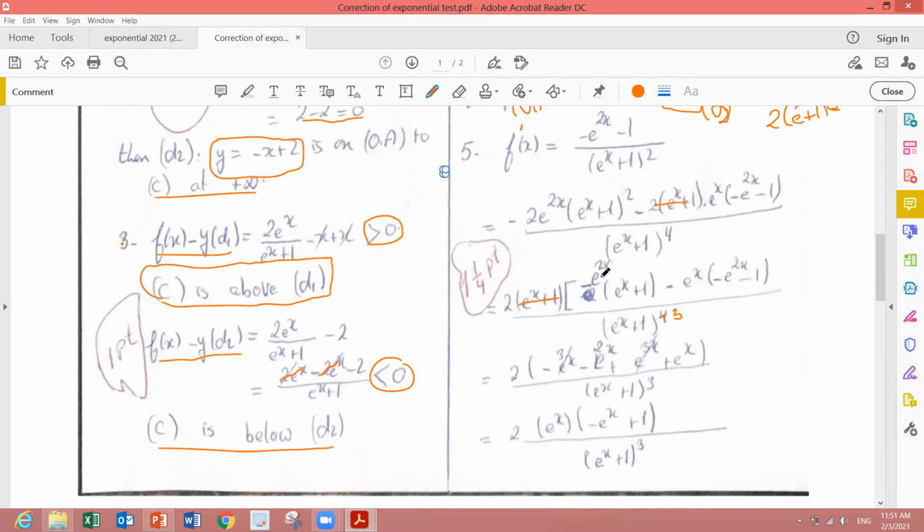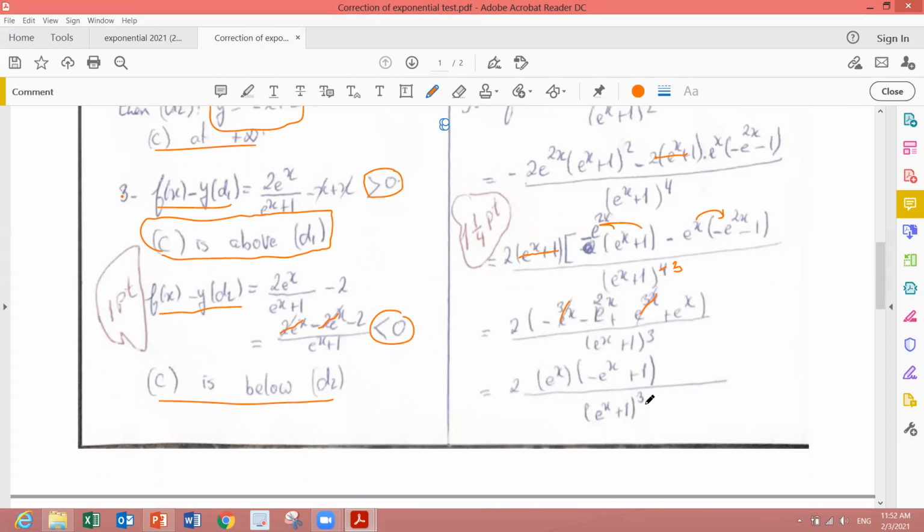We expand: minus e power 2x times e^x is minus e power 3x, minus e power 2x, plus e power 3x plus e^x. These simplify. I take e^x common, remains minus e^x plus 1 over (e^x plus 1) cube. This is the second derivative.